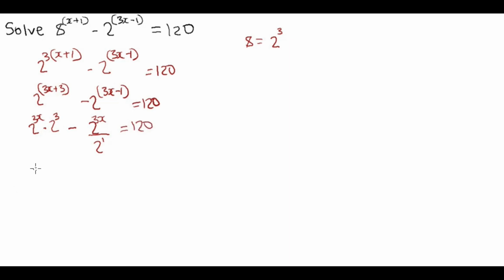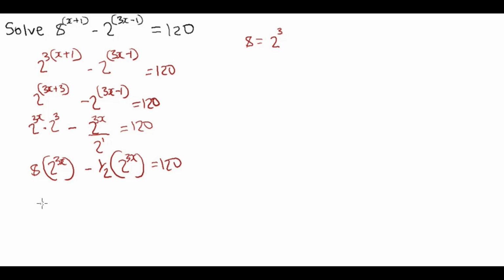So it is 2 to the power of 3x times 8 here. We are left with 2 to the power of 3x times a half, this is the half, 2 to the power of negative 1. This one, 2 to the power of 3x, equals 120. So you can factor out 2 to the power of 3x because it's common on both.